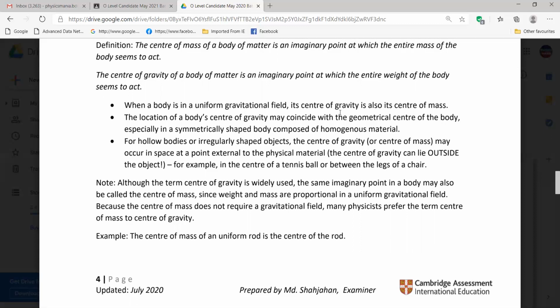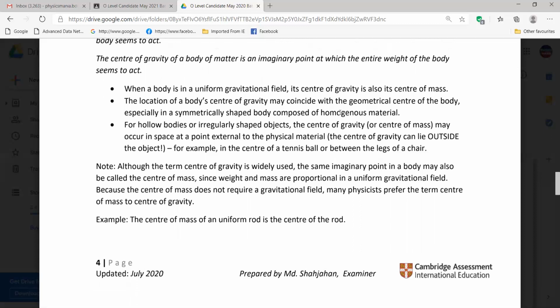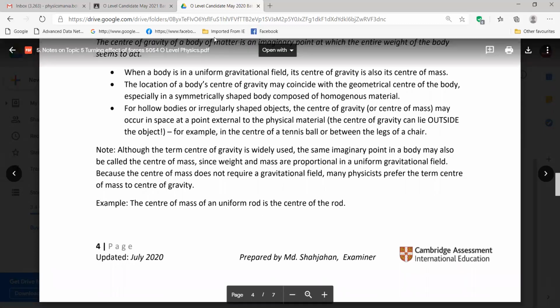Example: the center of mass of a uniform rod is the center of the rod. Okay, this one you understand. If the object is uniform, then the center of mass should be in the center, right? Yes. It's easier to understand. Then we are going to the next part.